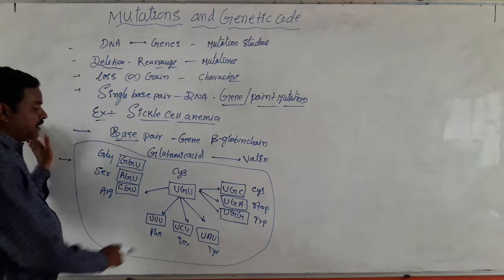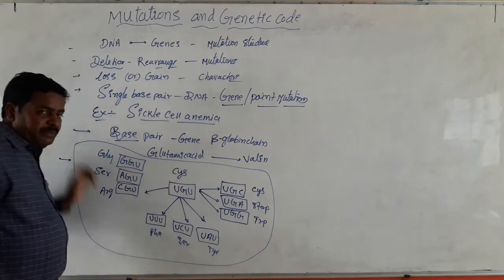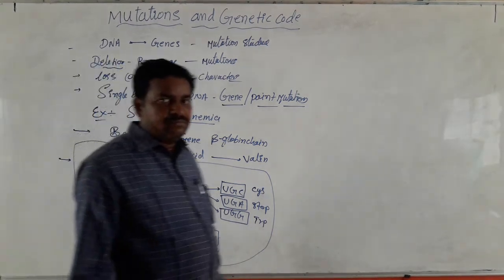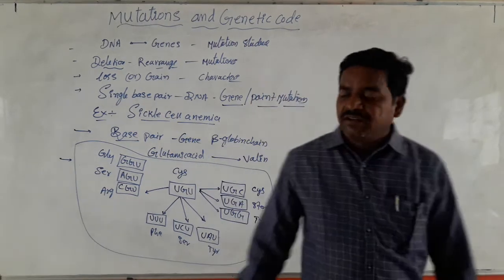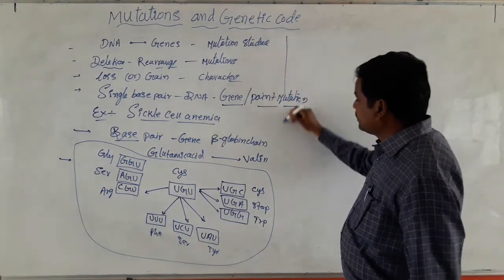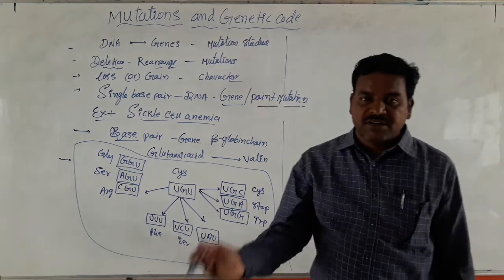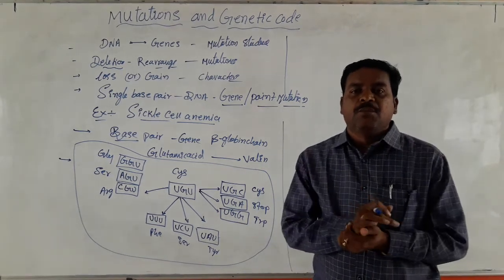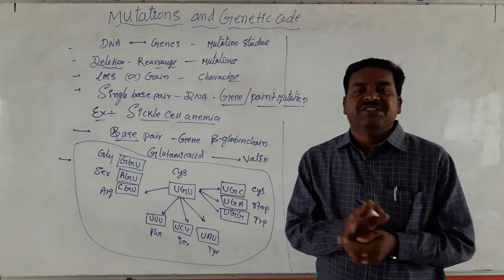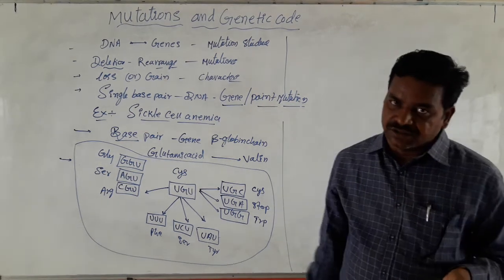So in this way, a single base pair may be changed, resulting in the formation of different codons. At this situation, the amino acid sequence of the polypeptide chain is also changed.